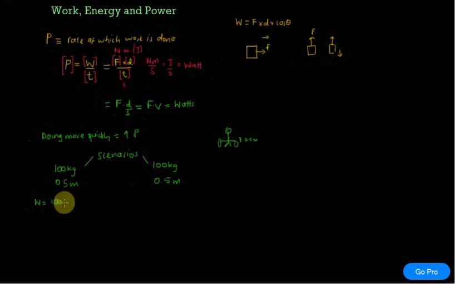So it's the force, or in this case the weight of the object, so 100 times 9.81 times the 0.5 meters, and that gives me 981 divided by 2, which is 490.5 joules.